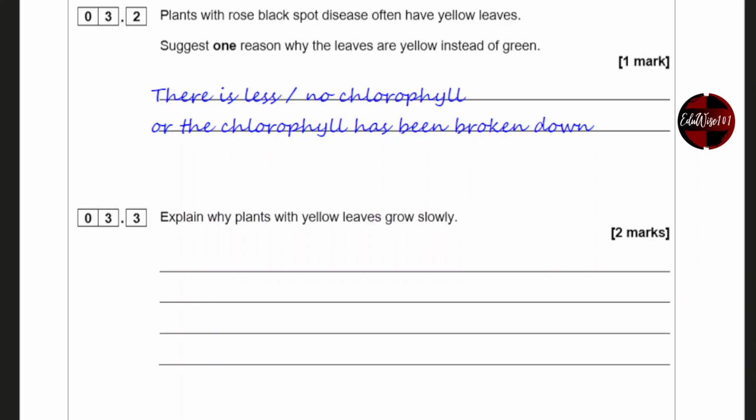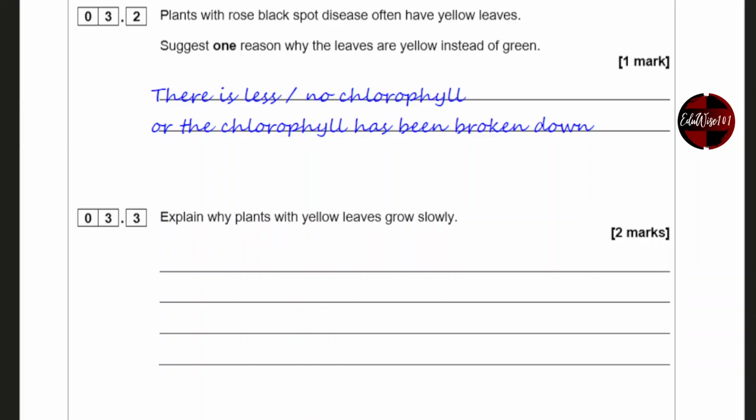So explain why plants with yellow leaves grow slowly. Now, you need chlorophyll in the leaves for plants to carry out photosynthesis. Photosynthesis will produce glucose. Glucose, in return, is used to release energy so that the plants can make new things like cellulose for cell walls, make new proteins and all kinds of things, so for it to grow.